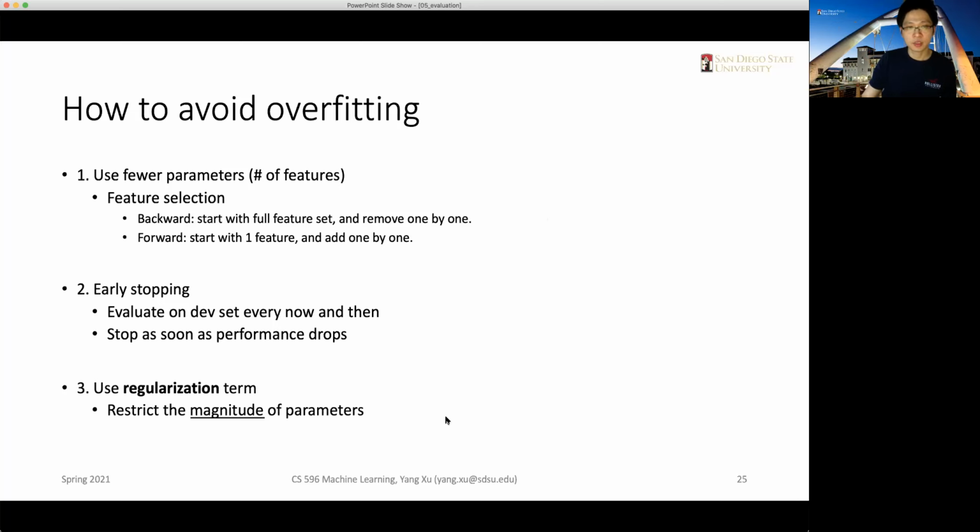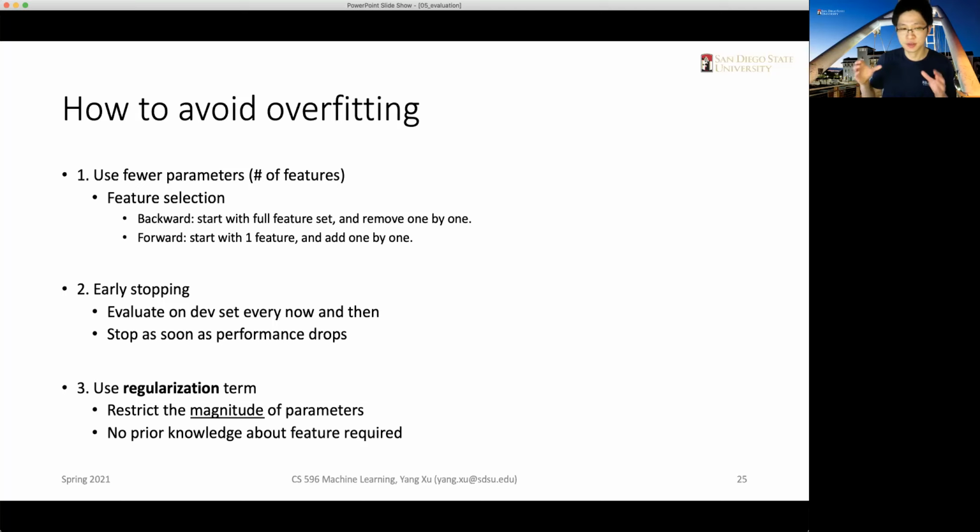Because when the parameters have large values, it means we are placing a lot of weight on those features, which means we are emphasizing the training data too much. If we don't want to use that much information from the training data, one way is to give some punishment to those parameters that have very large magnitude.